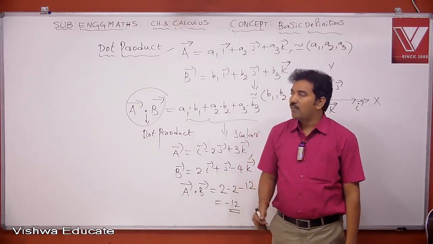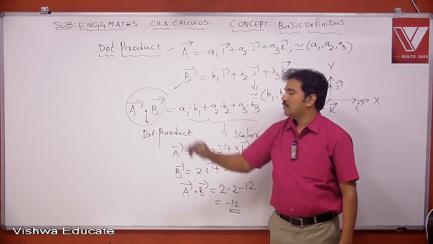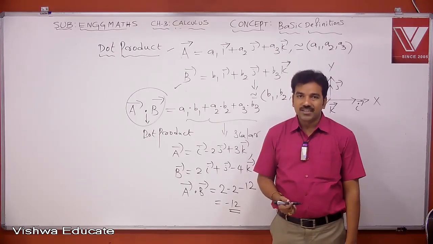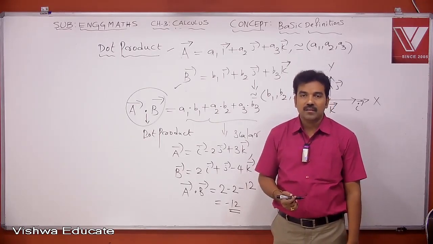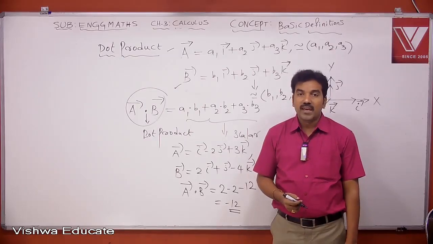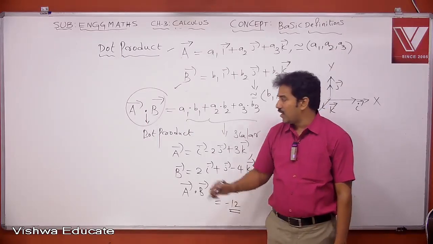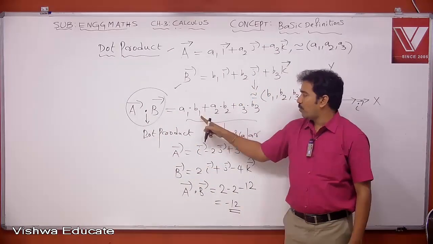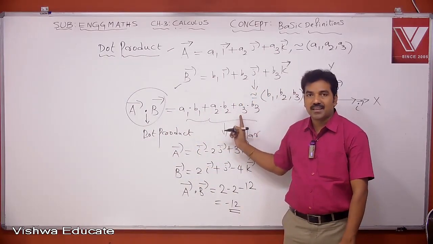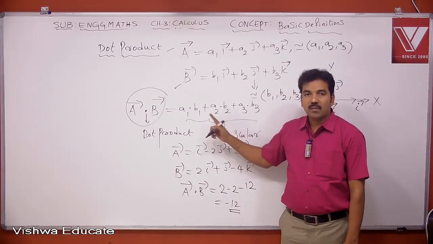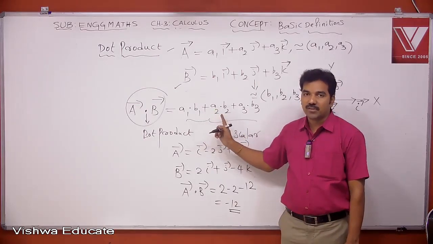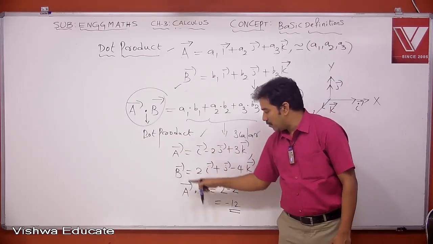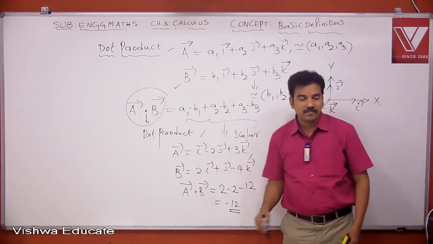The dot product of A bar, B bar is denoted and defined as A bar dot B bar equal to A1 B1 plus A2 B2 plus A3 B3. Work out this example, A bar, B bar, and the result A bar dot B bar.